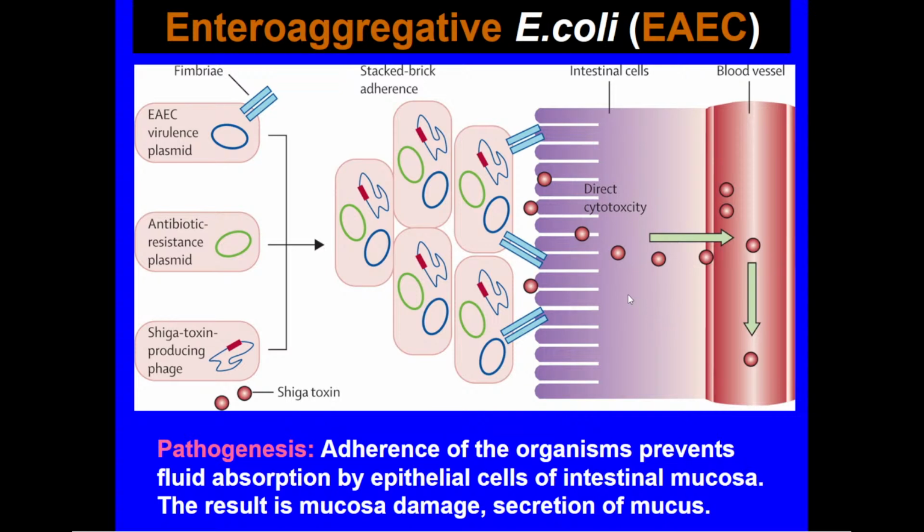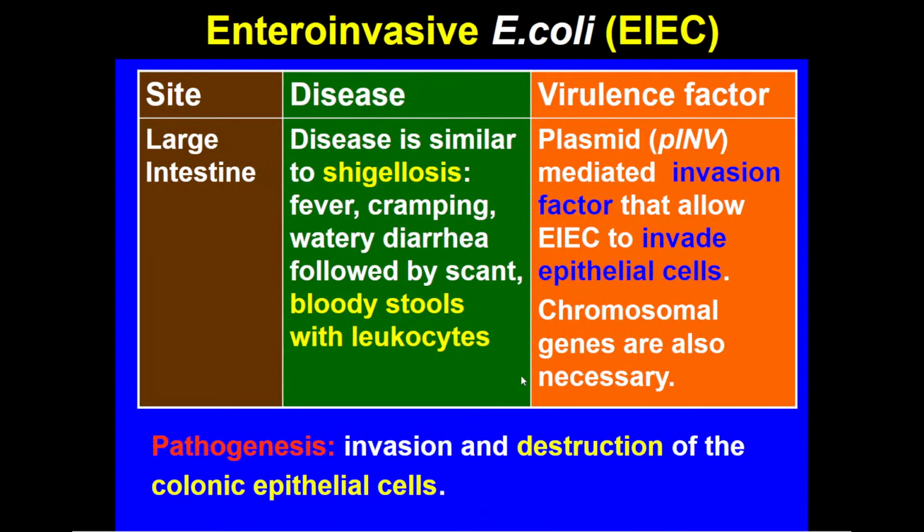And the result is mucosa damage, hypersecretion of mucus, and sometimes due to direct toxicity of the cytotoxin that can be produced, it may get access to the blood vessels and cause bacteremia. That will be more severe.